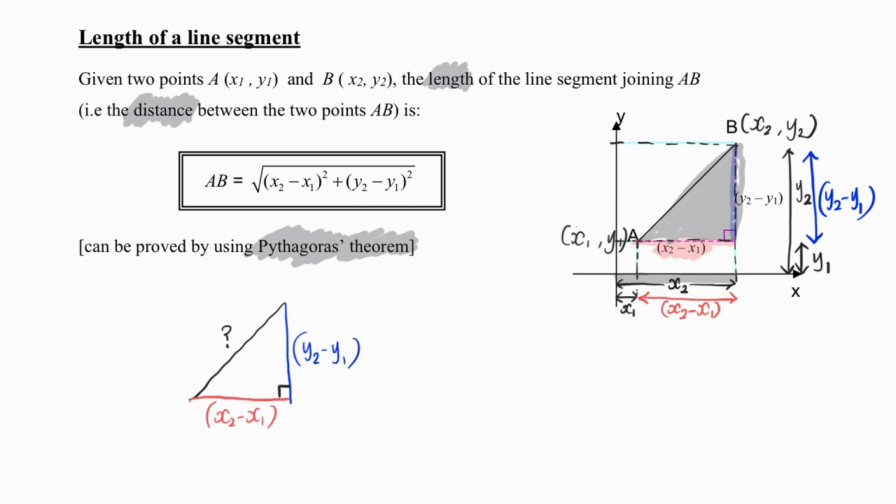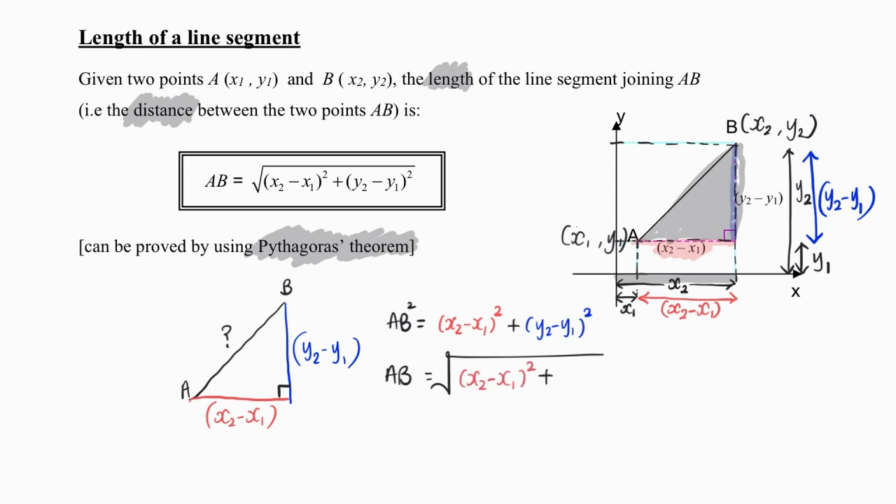Yep, by Pythagoras theorem, AB squared is equal to (x2 minus x1) squared plus (y2 minus y1) squared, and therefore to find the length AB, I just need to square root this whole thing, which is how the formula comes about.